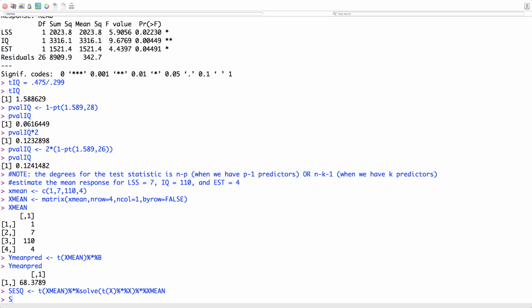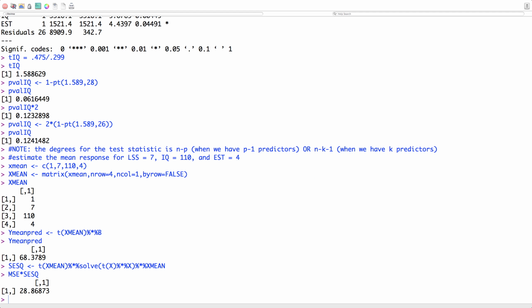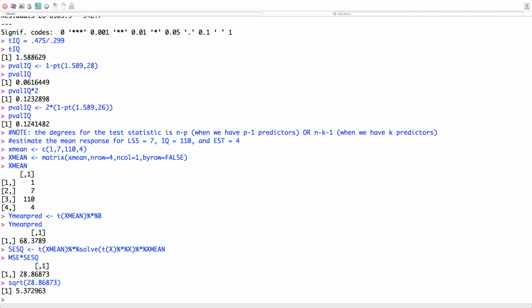So then I need to take SESQ. No, it's not going to do this. Let me do the mean square error times SESQ. Oh, wow, it actually did. So the standard error squared is going to be 28.87. So if I take the square root of this, I get 5.371.